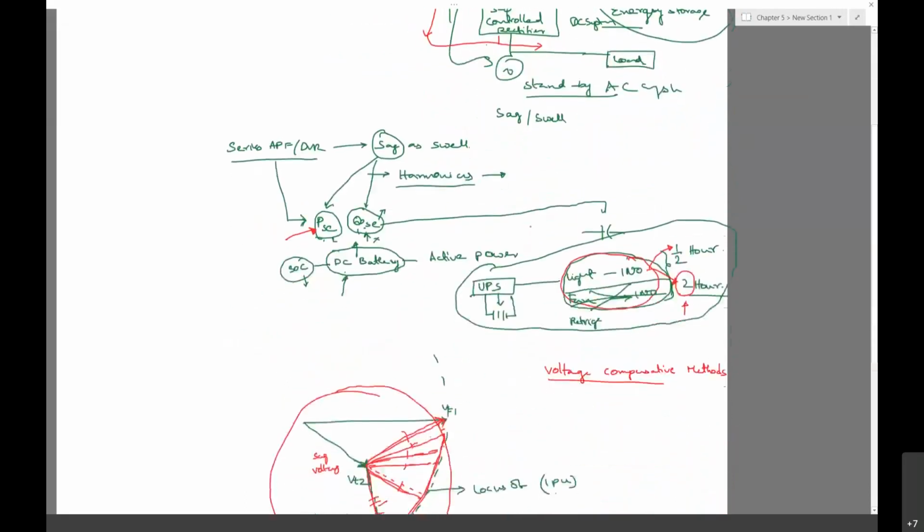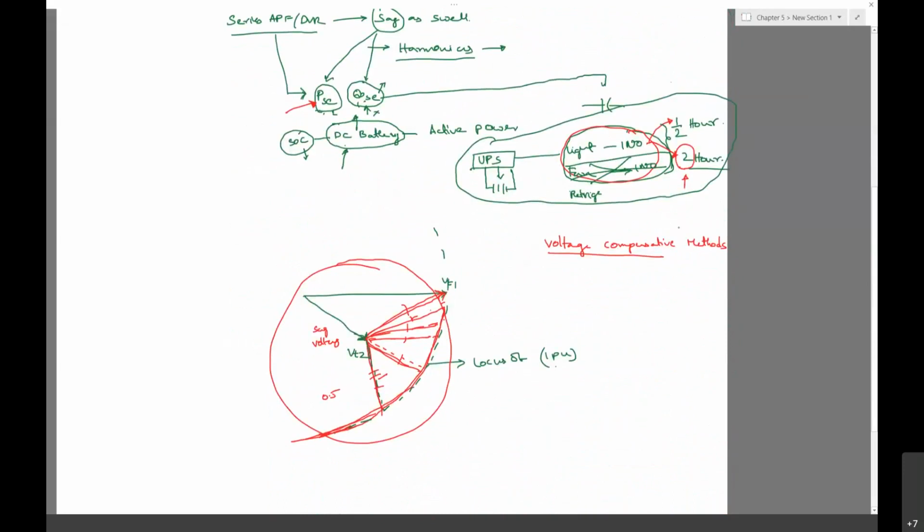In this class we are going to see the different types of voltage compensation methods, based upon the series active power filter or the dynamic voltage restorer. Based upon this, they categorize the different types of compensation methods.